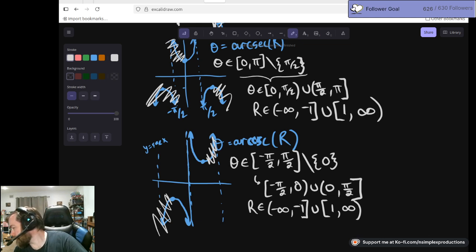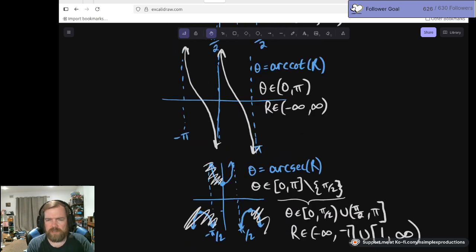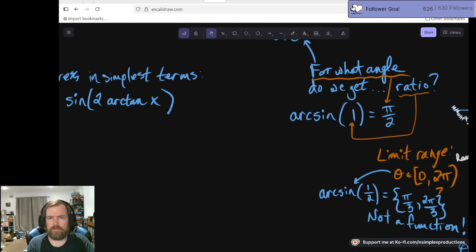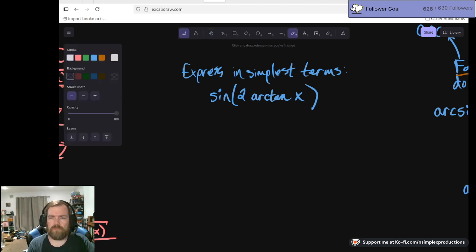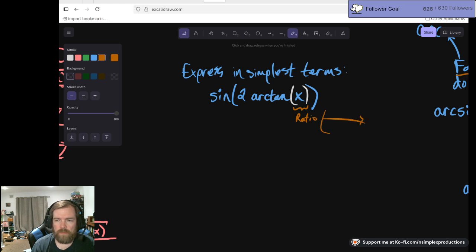All right, with that, we said we want the sine of 2 times the arctangent of x. So the arctangent of x is telling us that this should be a ratio, as we discussed from over there.